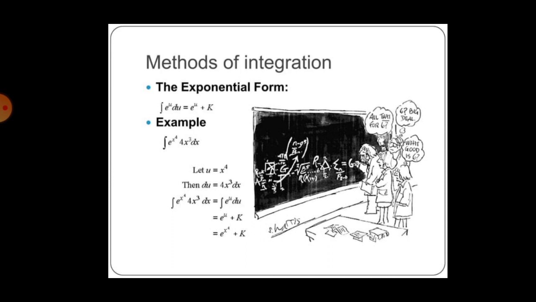Integral e raised to x fourth 4x cubed dx is equal to integral e raised to u du, so that would be now e raised to u plus k, and the final answer is e raised to x 4 plus k.